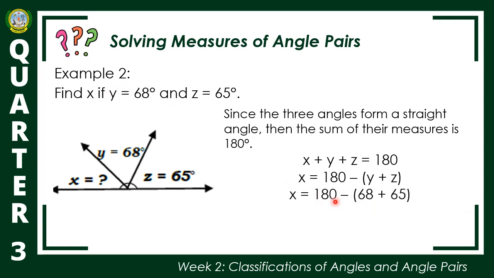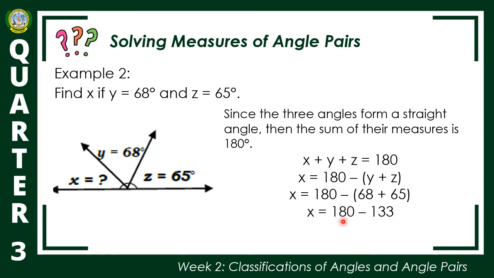Ayan, 180 minus yung sum ng 68 po at ng 65. So, syempre, following the PEMDAS, yung sum muna nung dalawang nasa loob ng parenthesis, ang kukunin natin. Tatandaan po ha, follow the PEMDAS rule. Okay, parenthesis muna ang unahin. So, we have to add this and we will get 133.